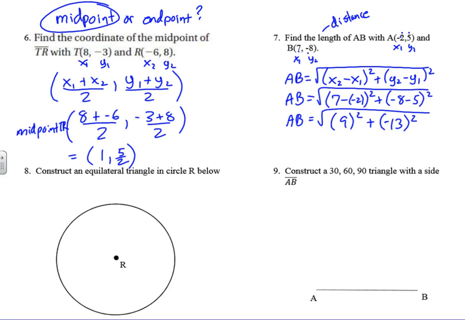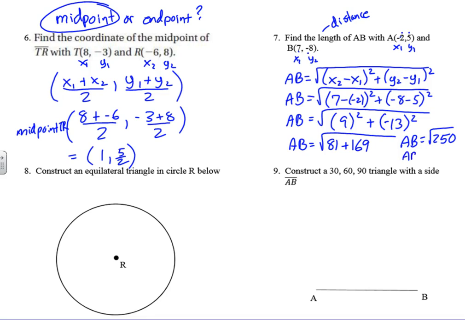So if you're doing this, what you want to put in here, so this would be 81 plus 169, and so AB is going to be the square root of 250. Depending on what the question asks you for, whether it says find the length in simplest radical form or to the nearest tenth or something would tell you what to do.